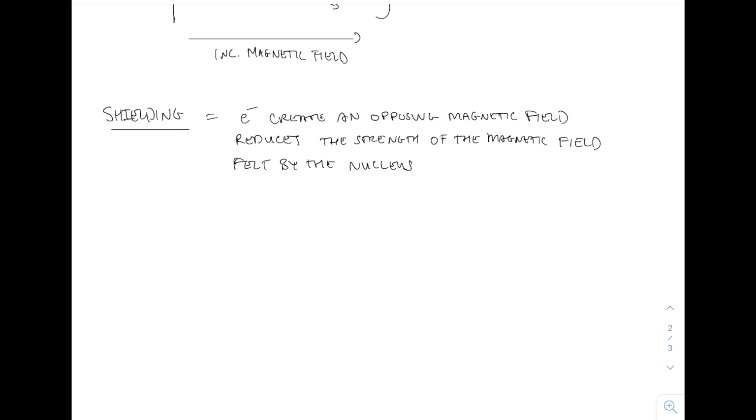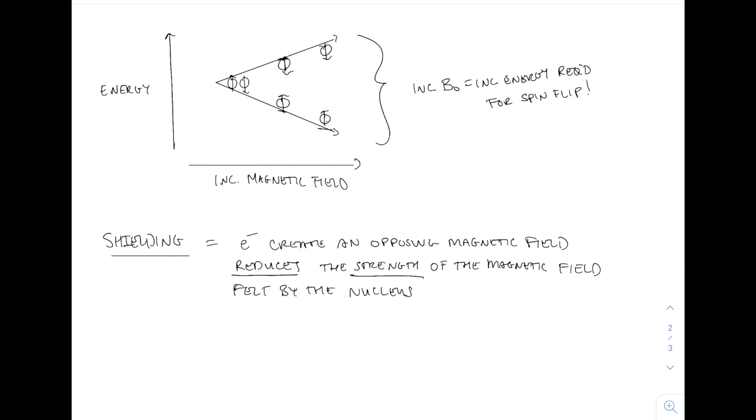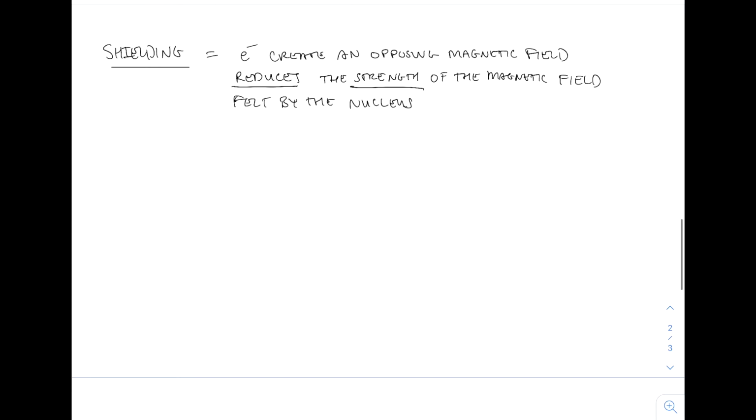If it reduces the strength of the magnetic field that the nucleus feels, then if it were going to be here without those electrons, now it's going to be here, which means it's going to require less energy. This occurs throughout every single molecule because everything has protons and electrons, but every environment is different and very unique, which is why everything has its own unique nuclear magnetic resonance spectrum.